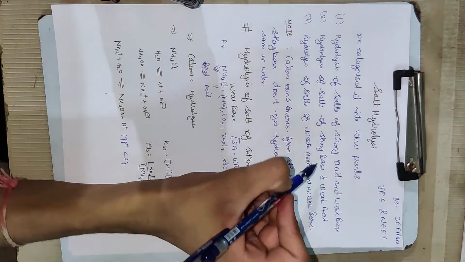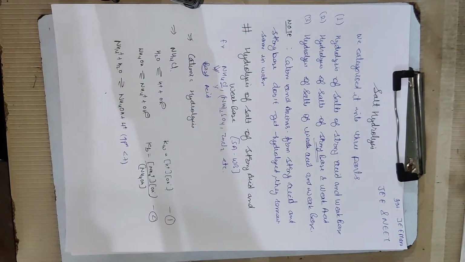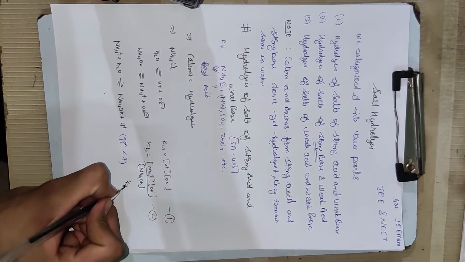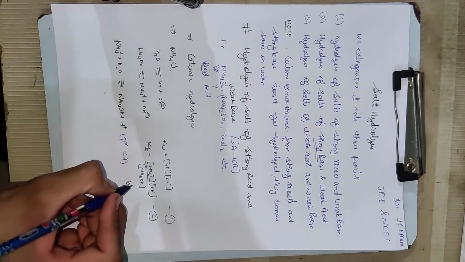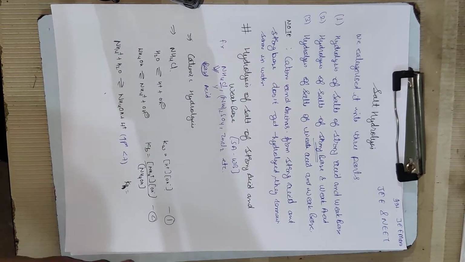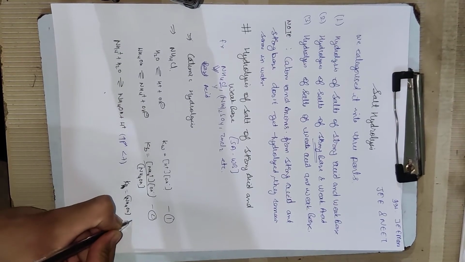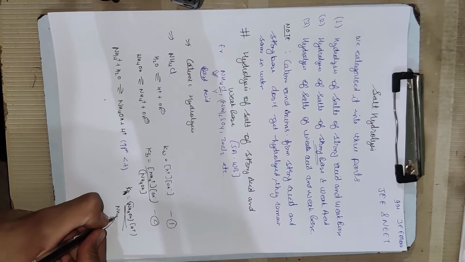In the other case, where the strong base dominates, pH will be greater than 7. This is just for information purposes. We can write this hydrolysis constant as Kh, so Kh equals NH4OH into H+ upon NH4+.